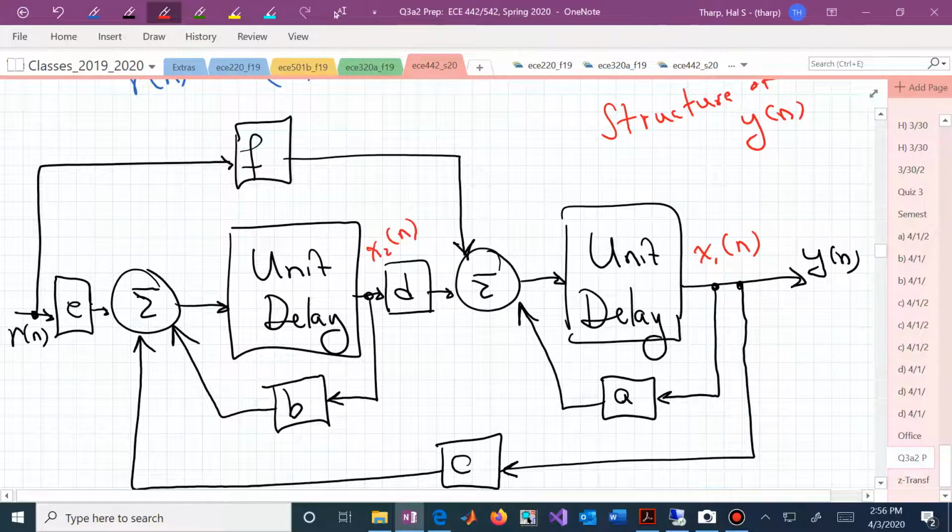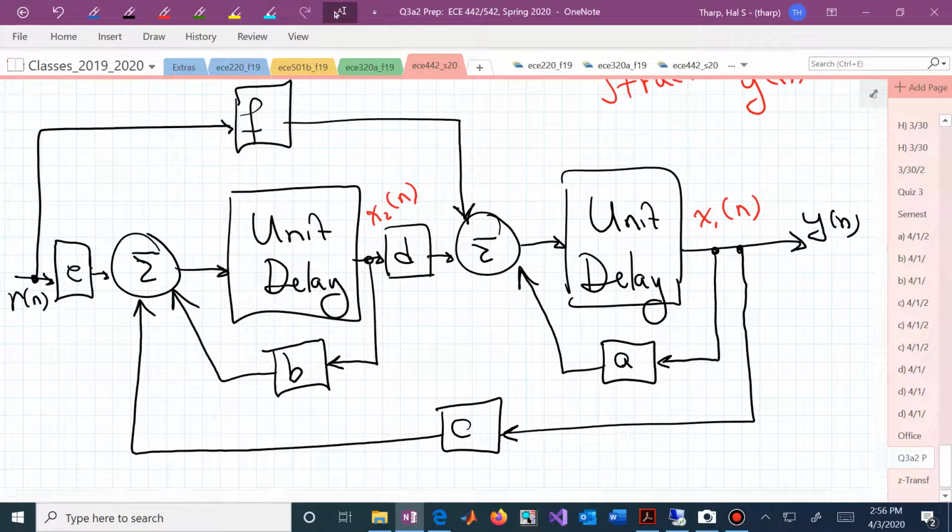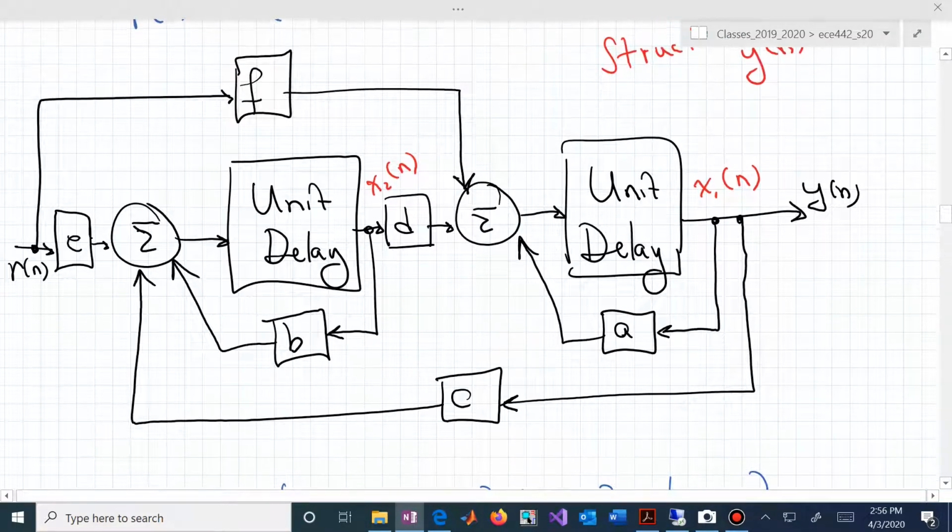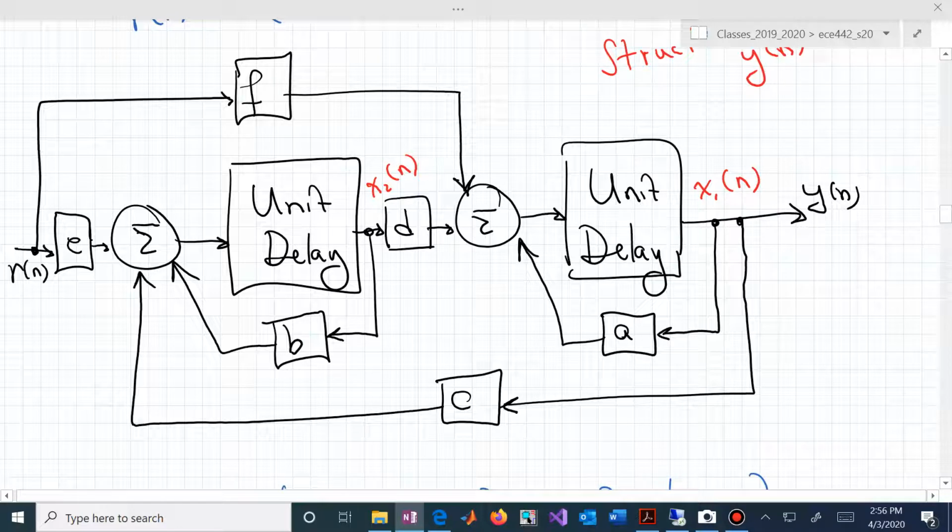Here we have 2 unit delays. We will label those from right to left as x sub 1 of n and x sub 2 of n, and I'm giving generic coefficients between all of these different signal paths and the summing junctions.